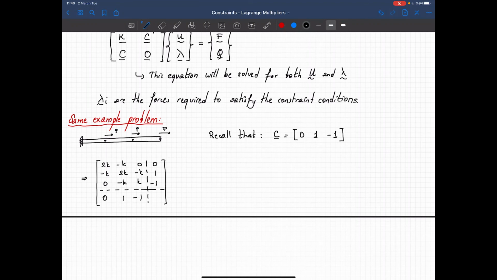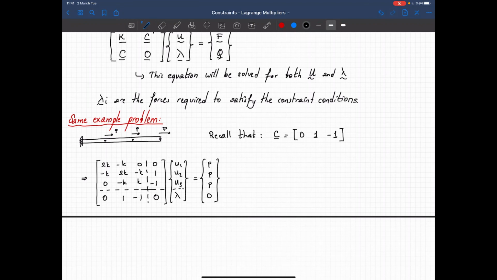And the diagonal term will be equal to 0. I got U1, U2, and U3 here, and the lambda. And the applied forces are P, P, and P. Q is equal to 0. So that's the system of equations. So as you see, we have a different type of matrix, stiffness combined with the constraint equation.